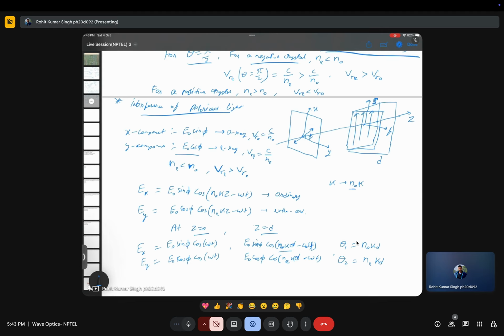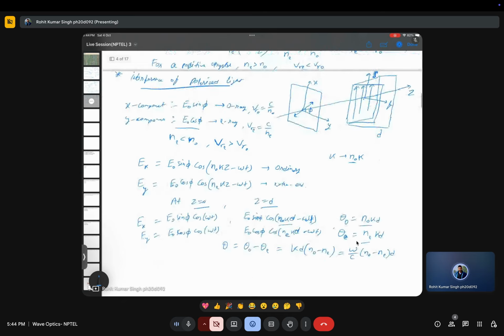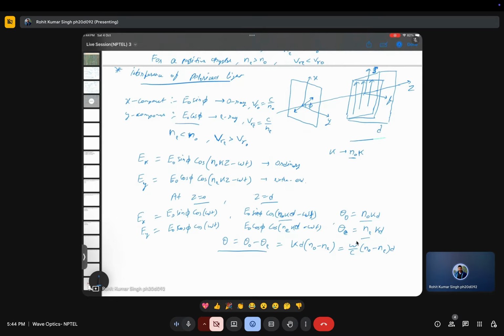And because NO is greater than NE, the relative phase difference, theta O minus theta E, is KD times NO minus NE, or you can write it in terms of frequency and speed of light, which is omega by c times NO minus NE times d. So this is the phase difference that is introduced by this polarizer, between the extraordinary and ordinary ray.